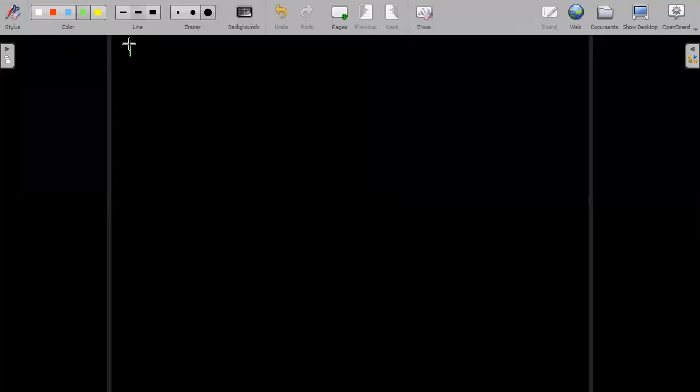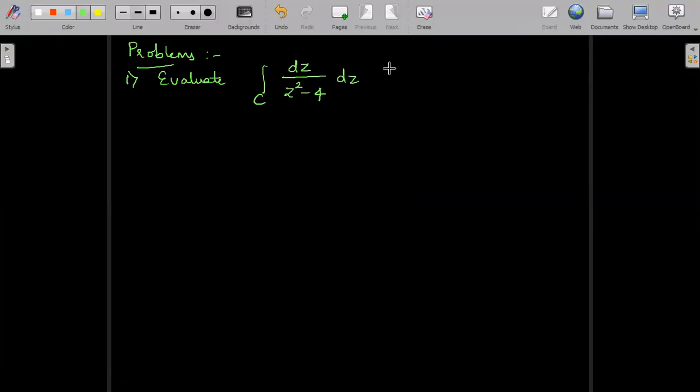Now we'll see problems on Cauchy's integral formula. Firstly, evaluate the integral over C of dz divided by (z square minus 4), over the two cases given.